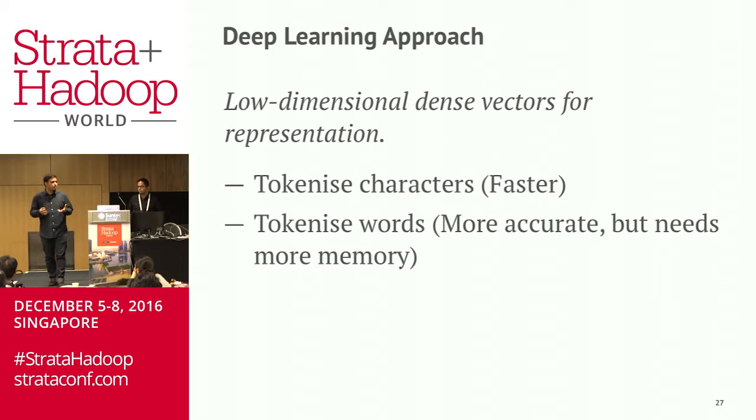In our case, we chose a character tokenizer because we were literally running it on a computer, and it's much faster and much more memory efficient to do it by characters. But both are fundamentally okay.